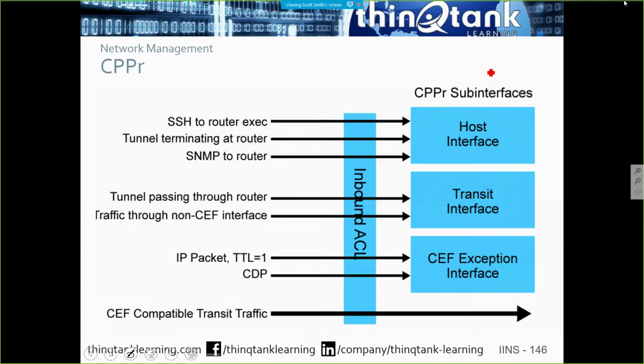The purpose of these policing methods, control plane policing and control plane protection, is to protect against actual attacks. Not just everyday processing, but somebody actually trying to overload the control plane with malicious packets. All right? So these are not techniques that you would use unless you feel like you're vulnerable to an attack at the control plane level.